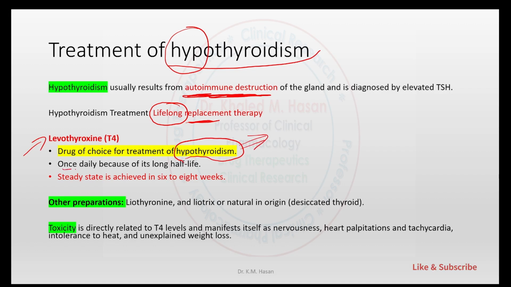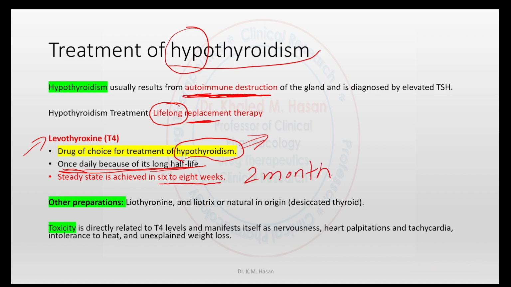Advantages: once daily, long half-life. So we have two things here: long half-life, and this will lead to a once daily oral tablet. The medication starts achieving steady state after 6 to 8 weeks, roughly 2 months.